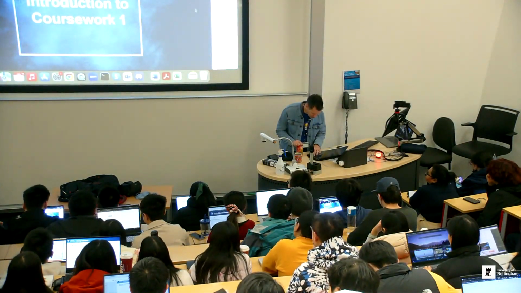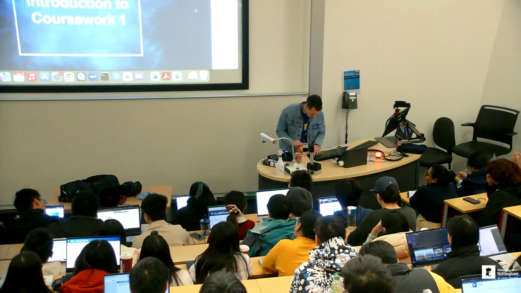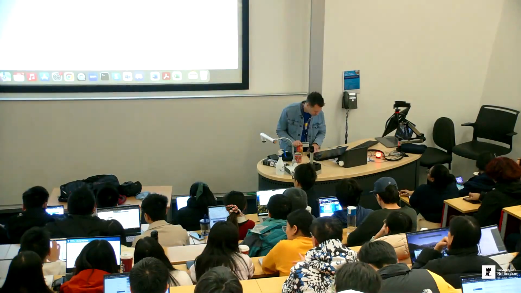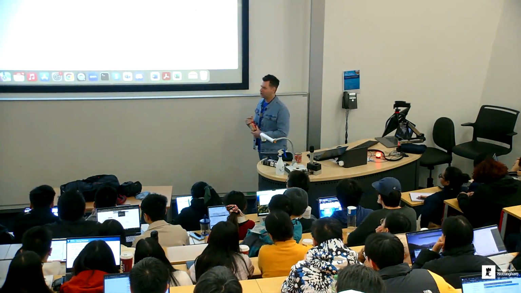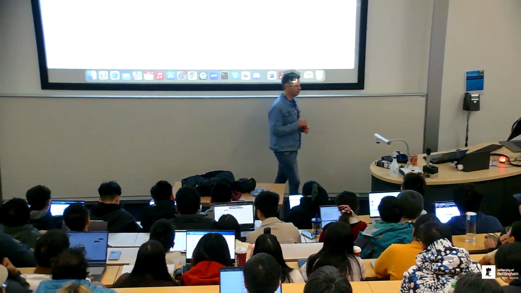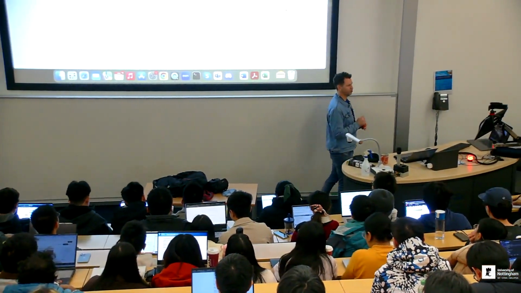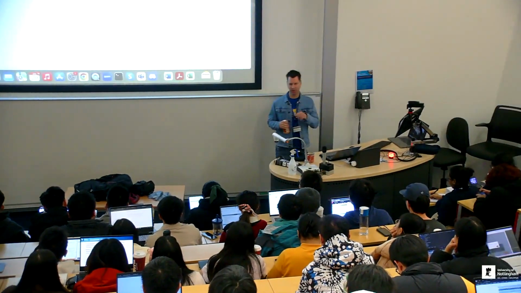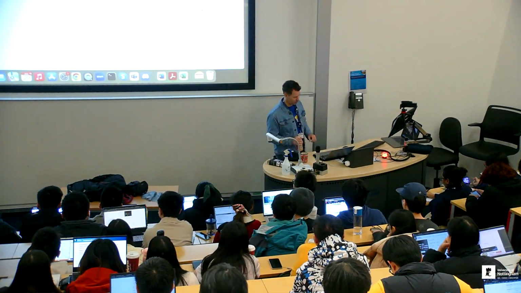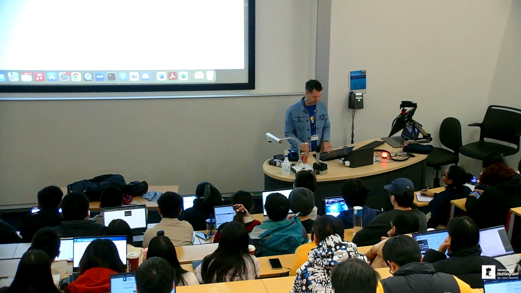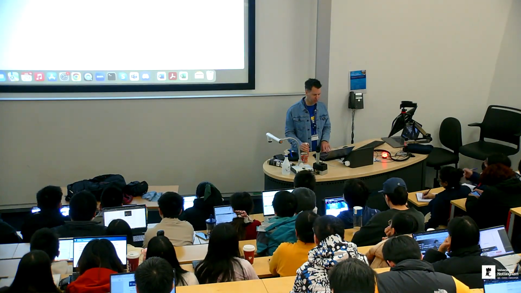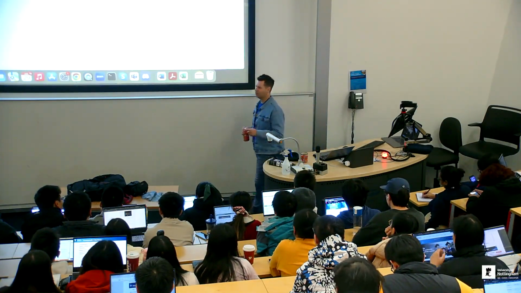Okay, so we're going to talk a little bit about coursework 1 for the next 10 minutes. In coursework 1, you create a 2-minute video summary of a scientific peer-reviewed research paper. You find an interesting research paper, and it has to be written by a member of the School of Computer Science at the University of Nottingham.